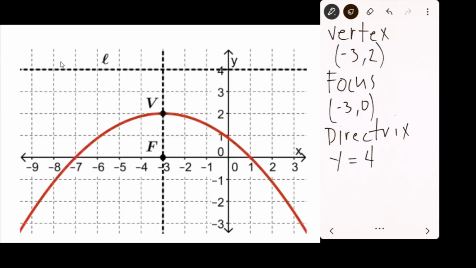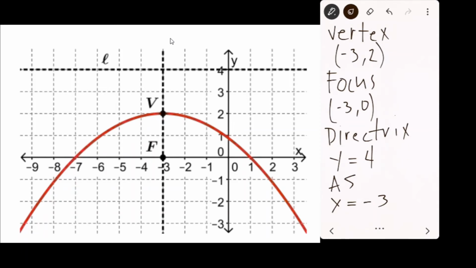Okay, so horizontal line, y is equals to 4, and then yung axis of symmetry will be x is equals to negative 3. Line kasi, line lang siya. Kaya nasa x siya, x equals negative 3. So that's how we have that one.